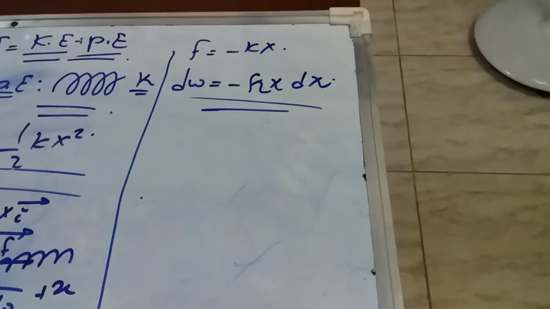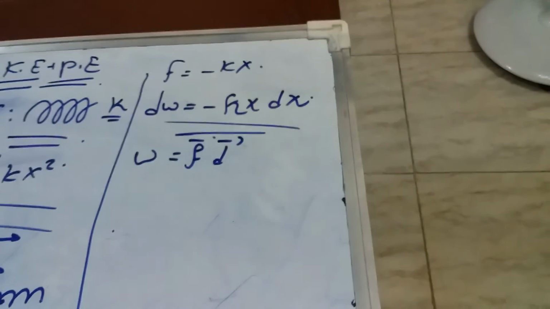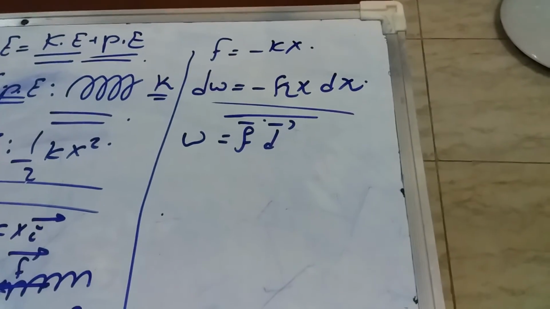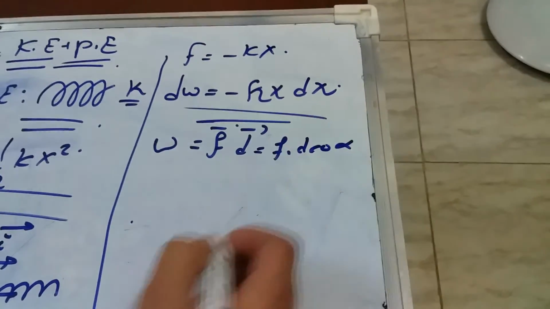But as we also know, work is the scalar product of force and displacement, which is equal to F d cosine alpha.